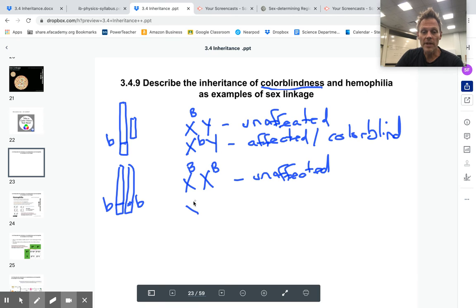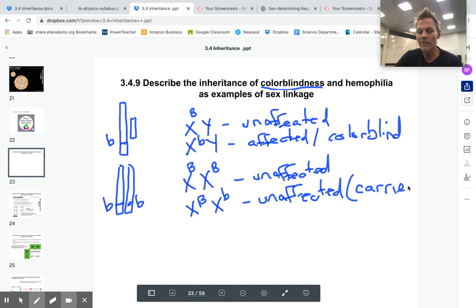She could be heterozygous, right? She could have a B and also a small b. That's unaffected. And in this situation, when we talk about carrying ailments, diseases, or some sort of chromosomal abnormality, we say the individual is a carrier.